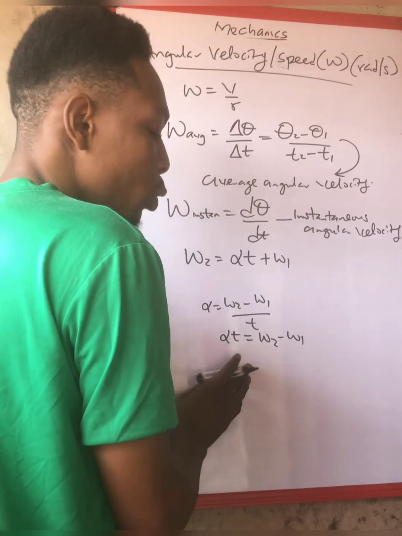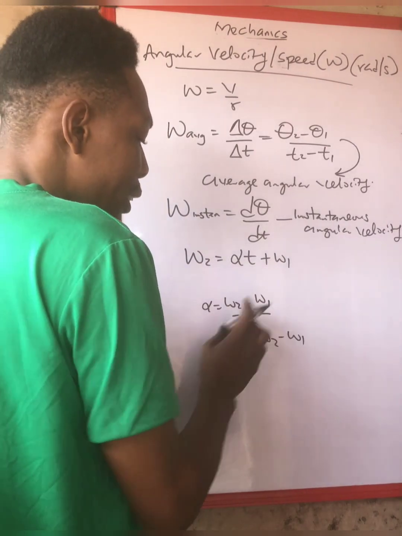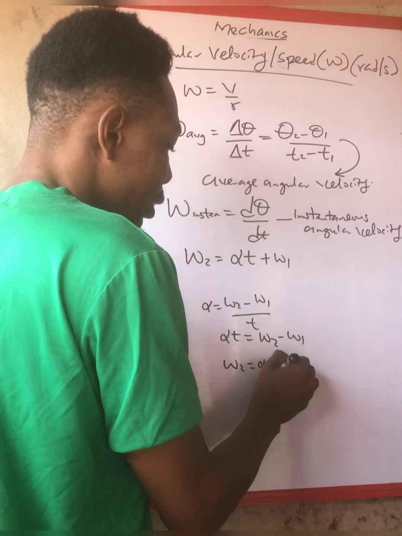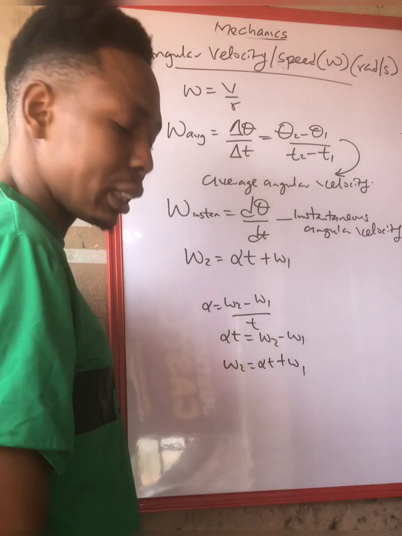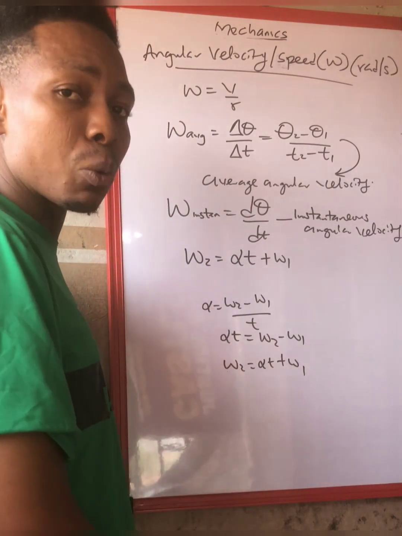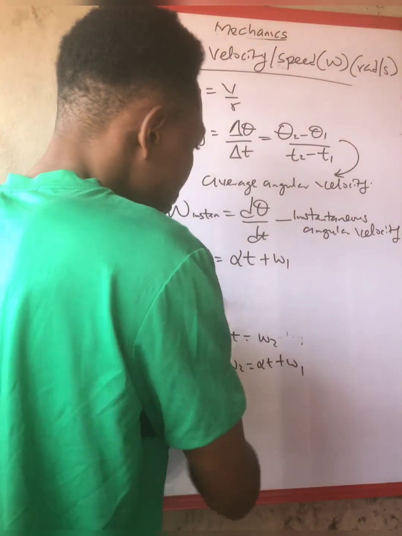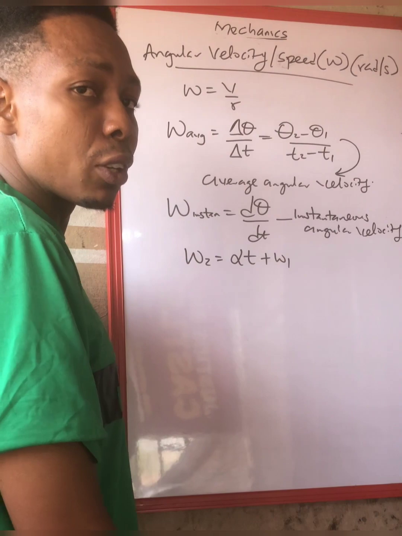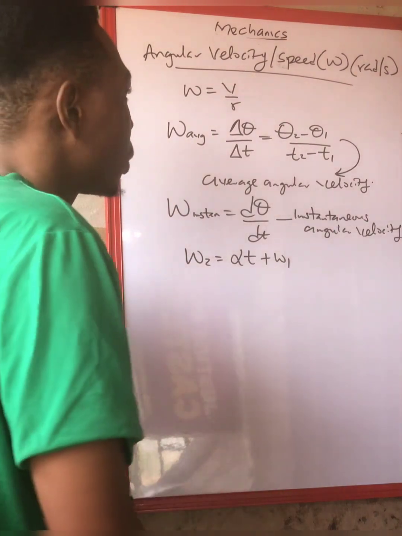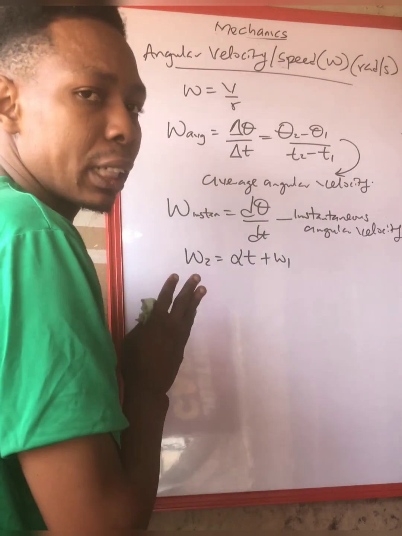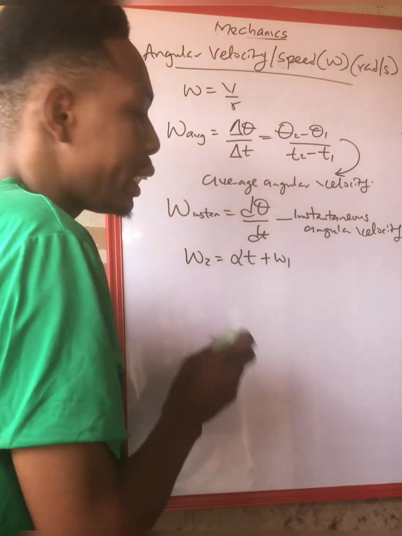Then make W2 the subject of the formula. If this crosses over to this side, it becomes W2 equals alpha t plus W1. So this is when you are looking for your final angular velocity. Alright, so you can just hold on to this formula. There are more, but for tonight, especially this particular topic, this is what we need.